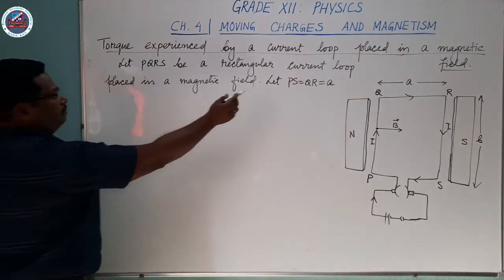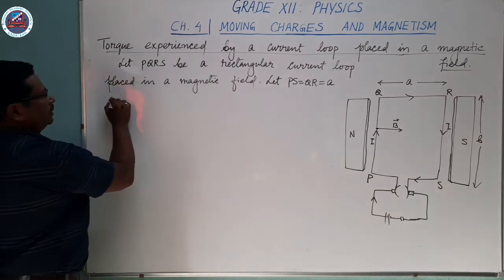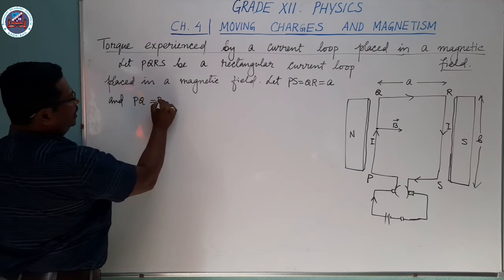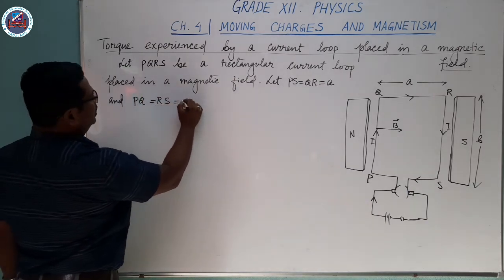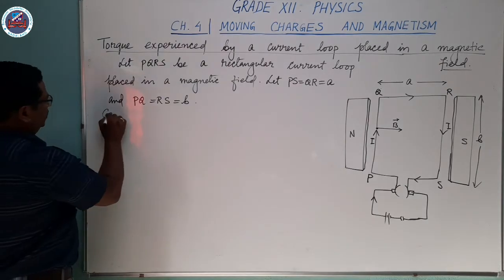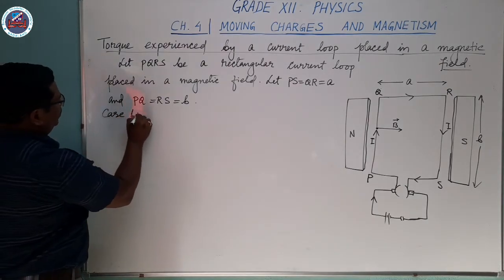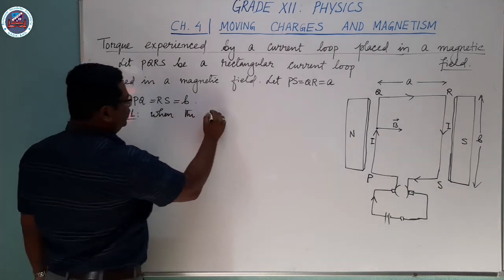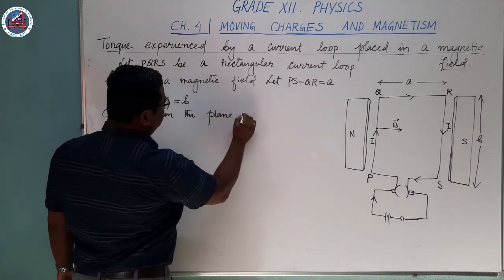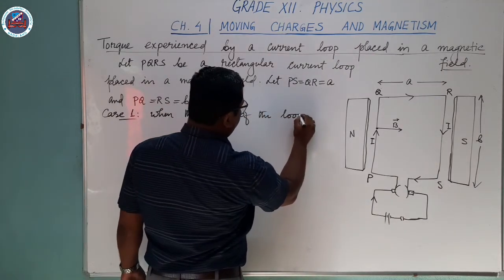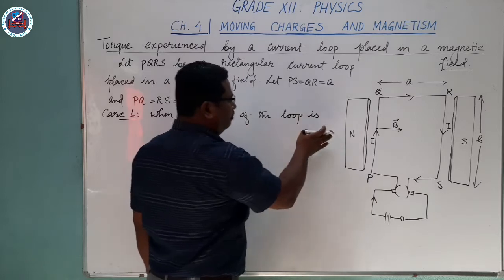And let PS equal QR equal to A, and PQ equal to RS. Suppose the breadth is A, length is B. Case 1, when the plane of the loop is in the direction of the magnetic field.